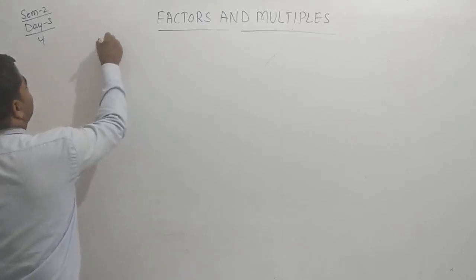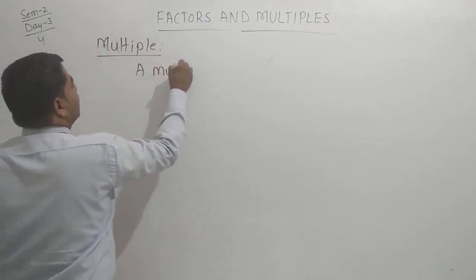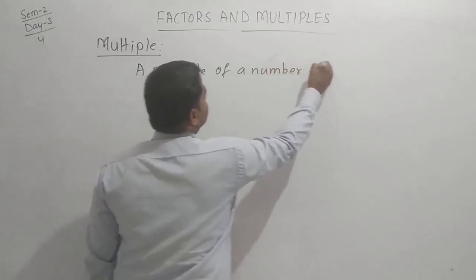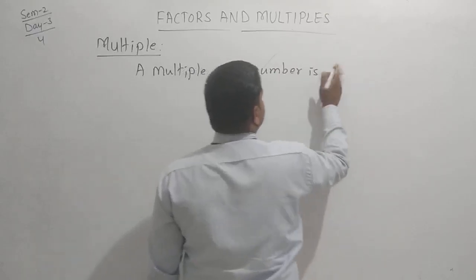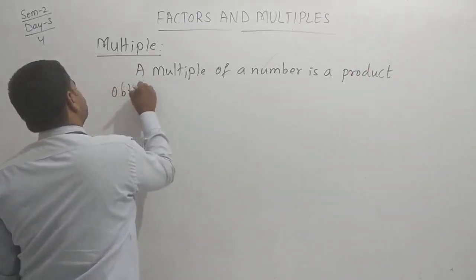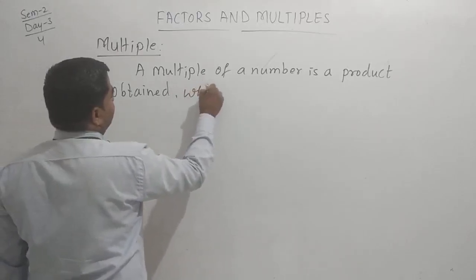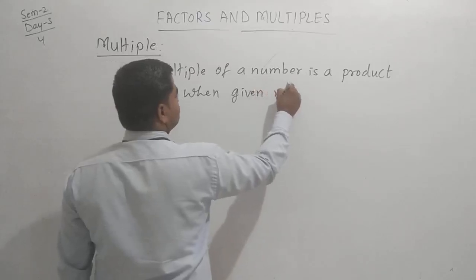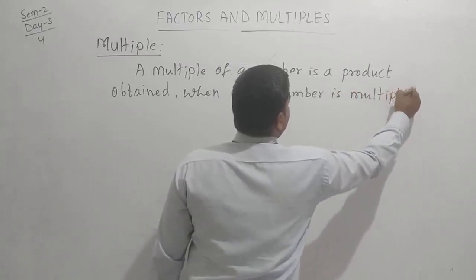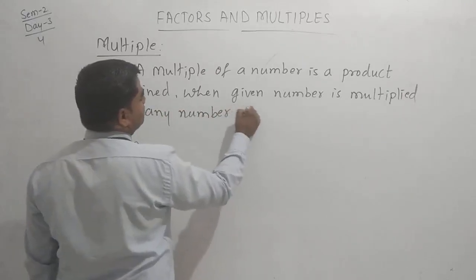a multiple of a number is the product obtained when the given number is multiplied by any number except 0.